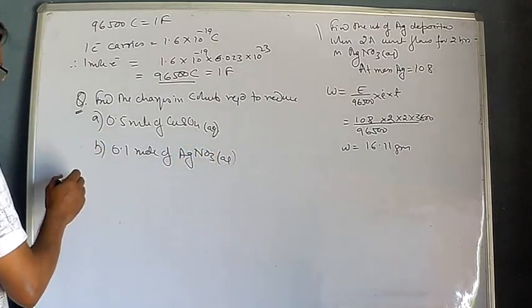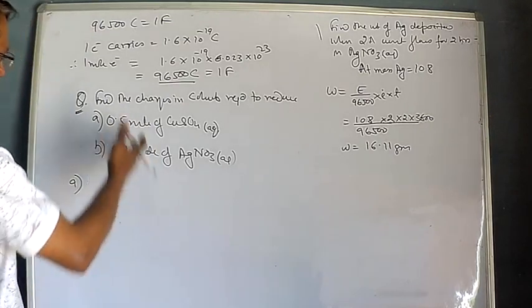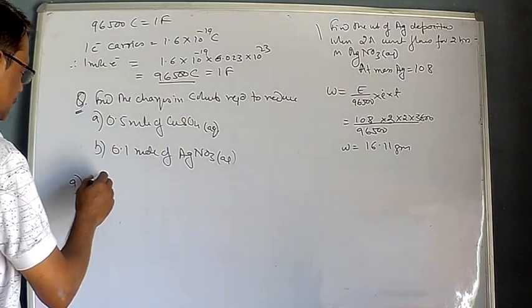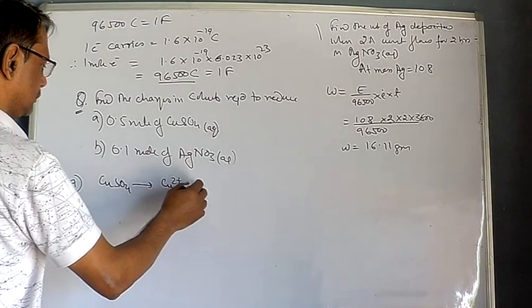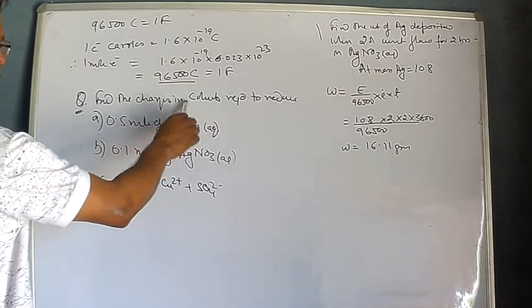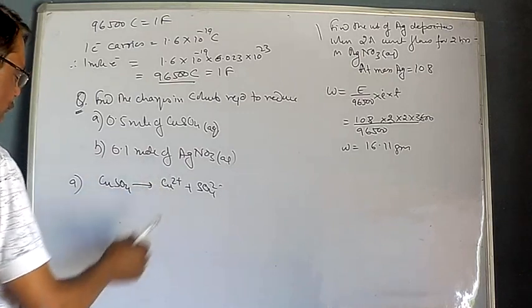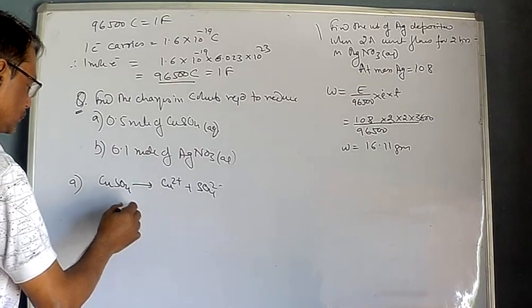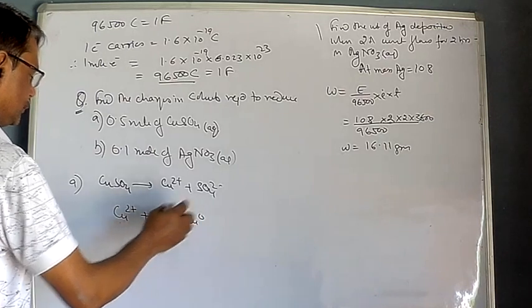Now let us take the first one, 0.5 mole of copper sulfate. But before we go to the numerical, just break down copper sulfate. Since the question asks to find the charge in coulomb required to reduce, we all know that copper is going to be reduced. How will it be reduced? Cu2+ plus 2 electrons gives Cu0.